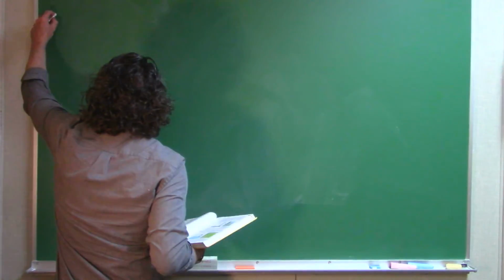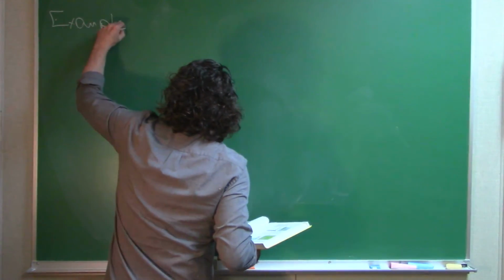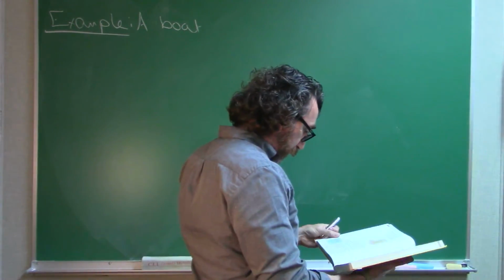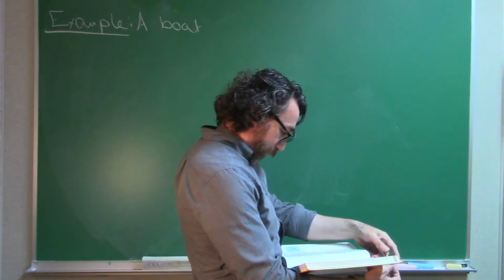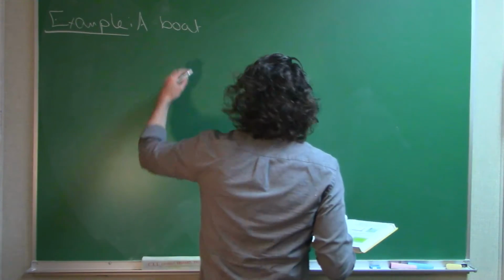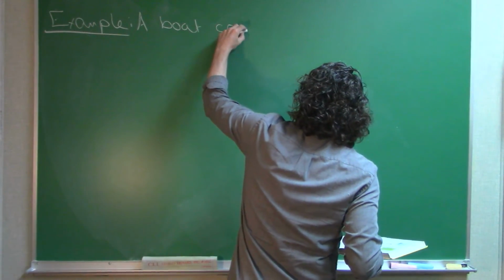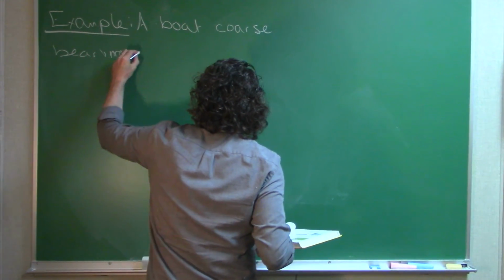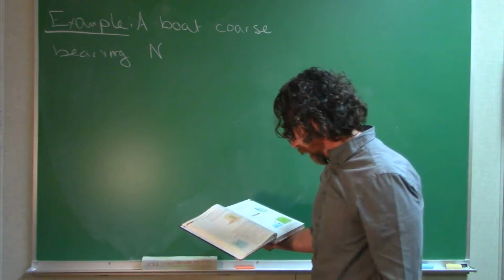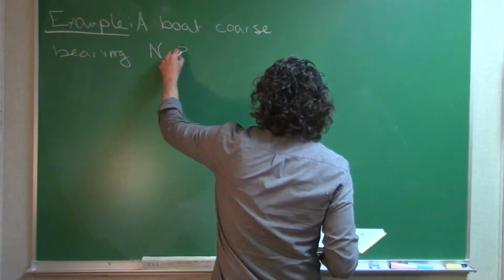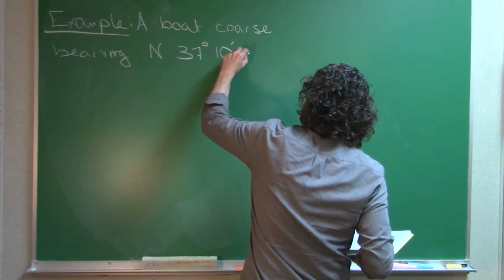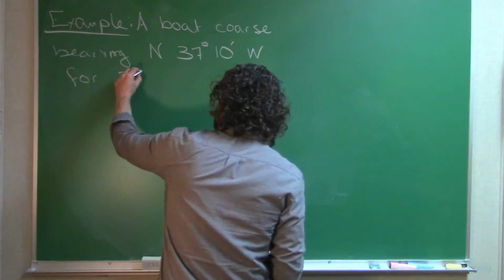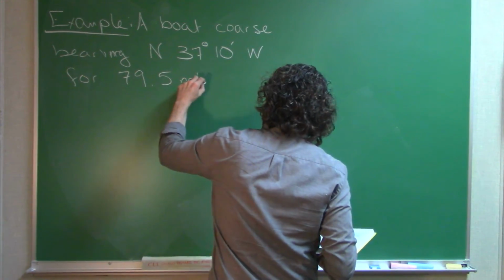A boat travels on a course bearing north, and then 37 degrees 10 minutes west, for 79.5 miles.